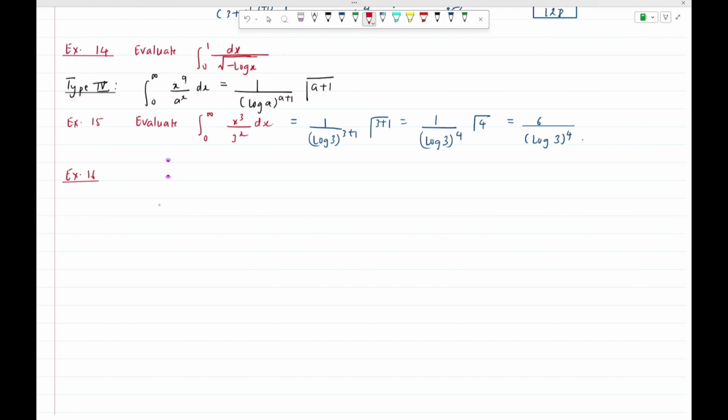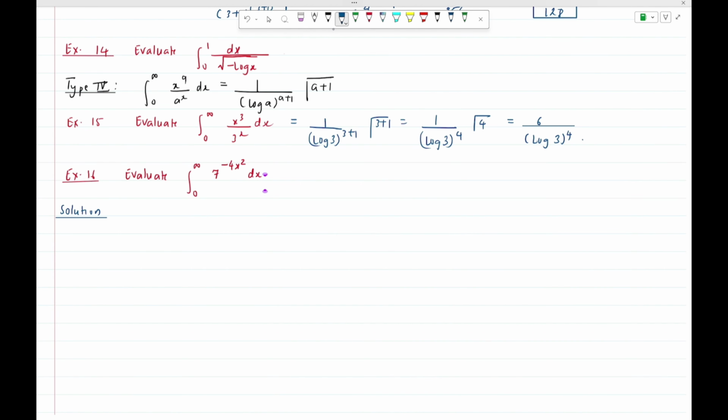Example number 16. So we wish to evaluate the integral from 0 to infinity of 7 power minus 4x square dx. Now you can see that this doesn't look familiar to any of the 4 types that we have seen above, primarily because the exponent is missing.